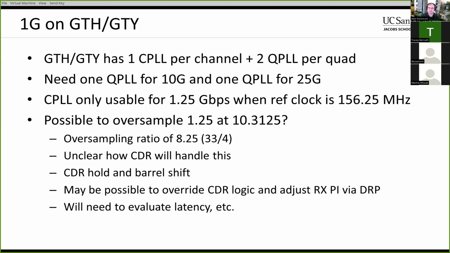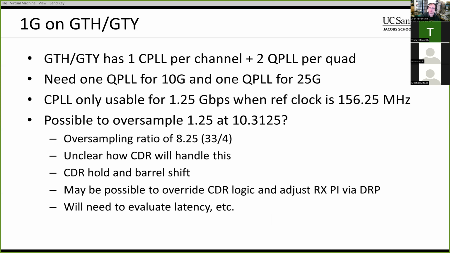All right, so I did a bit of ruminating on how to do 1 gig on the GTH and GTY transceivers. The real limitation here is more on the clocking resources side. For those of you that aren't aware, the GTH and GTY transceivers are arranged in groups of 4 channels called quads.